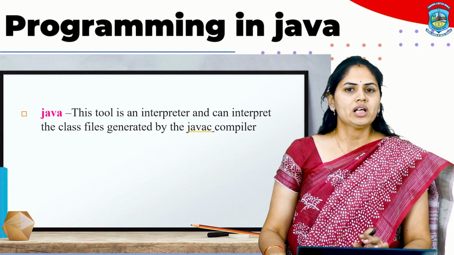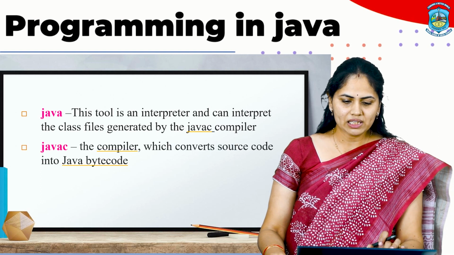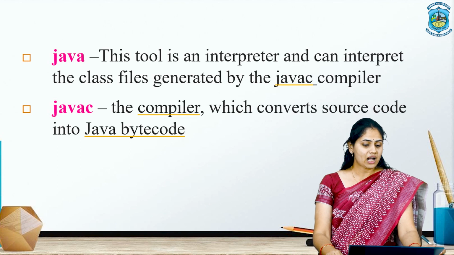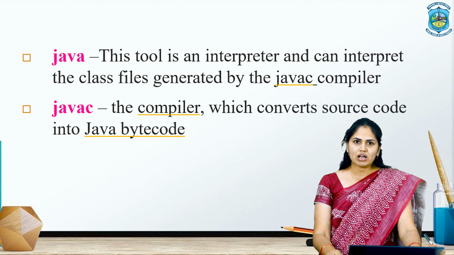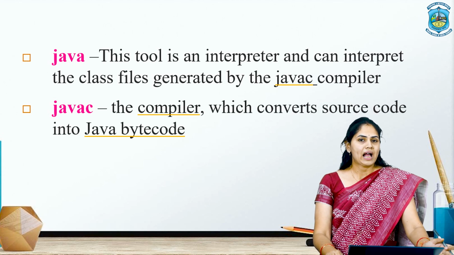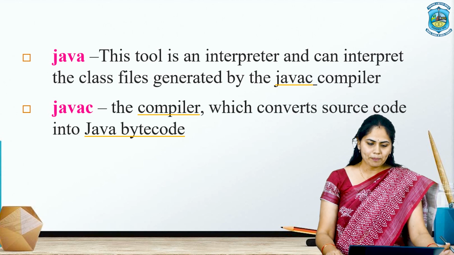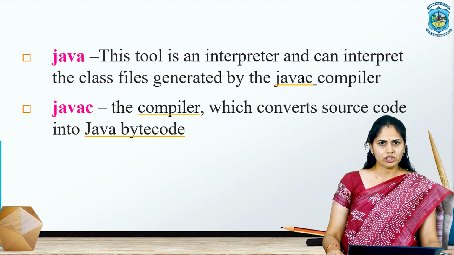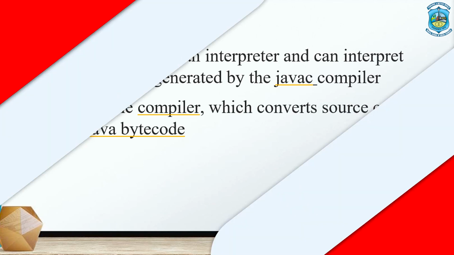We'll see. Java is basically a tool, an interpreter that can interpret the class file which is generated by the Java compiler. And Javac is the compiler which mainly converts the source code into Java bytecode.